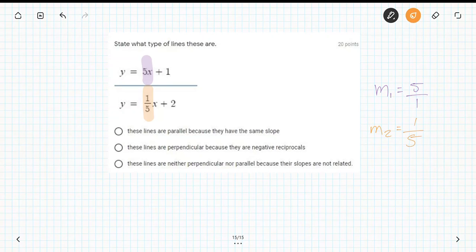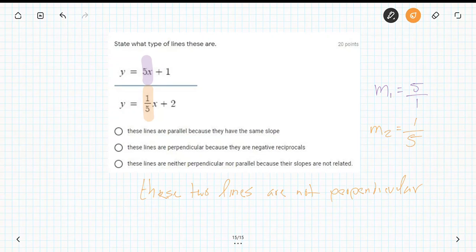Now notice how the numerator and the denominator flipped, but there was no sign change. So that means that these two lines are not perpendicular because they are not negative reciprocals.